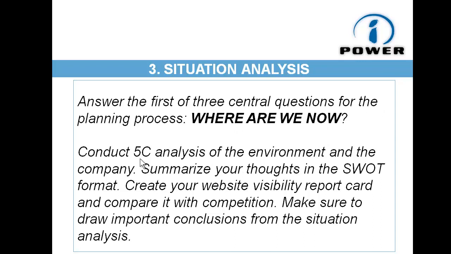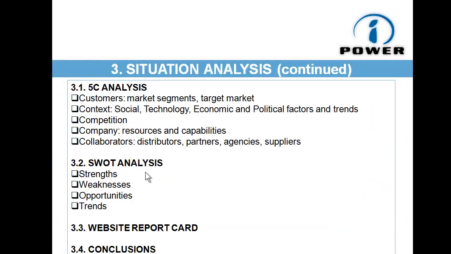One way to do that would be by conducting a 5C analysis of the environment and the company. That's where we will discuss the customers, the environment and context and all the STEP factors, social, technology, economic and political, competition, and our own company, its strengths and weaknesses, resources and capabilities, and finally collaborators, distributors, partners, agencies, and suppliers.